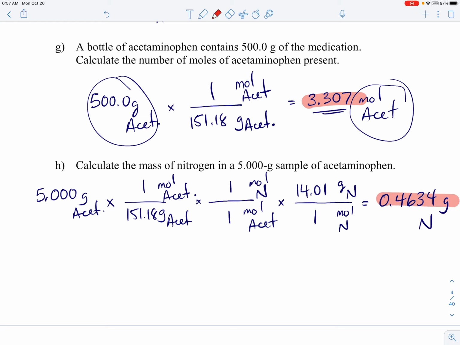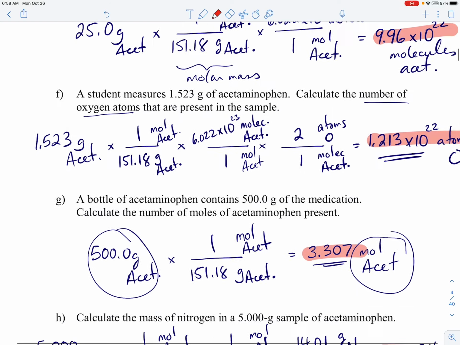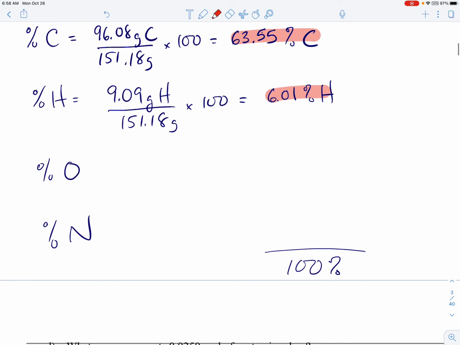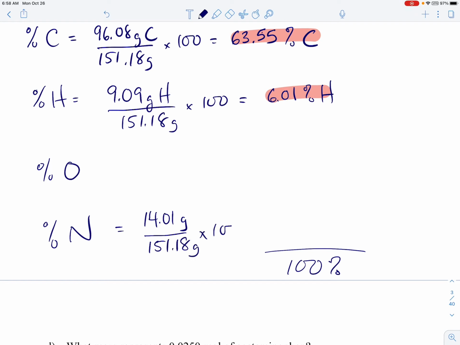But there's a faster way to have done this. If you did your percent composition earlier, for the percentage of nitrogen, if you showed your work, you would have said 14.01 grams divided by the total times 100.